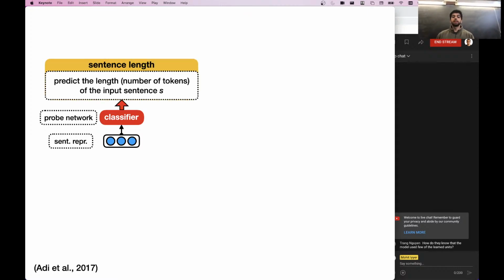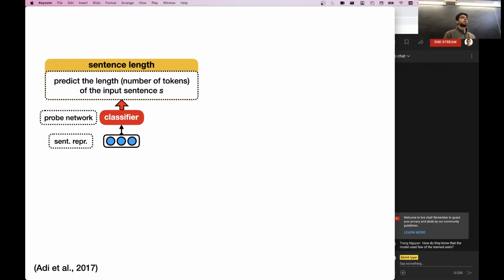So let's take a look at a very simple one. We might want to know, for example, if BERT understands how long a sentence is. And by how long, I mean how many words are in that sentence, or how many tokens. So if my goal is to predict the length of the input sentence S, I could formulate this as a classification problem where I might have different bins of lengths.